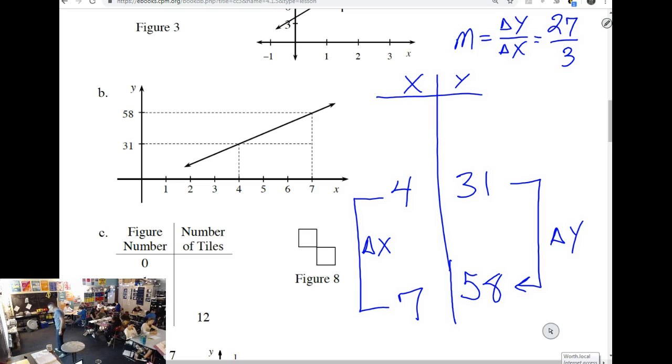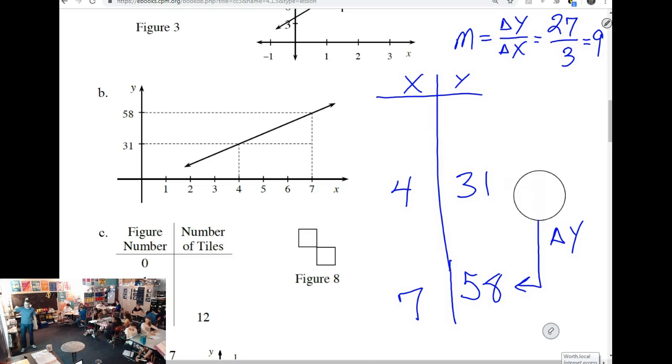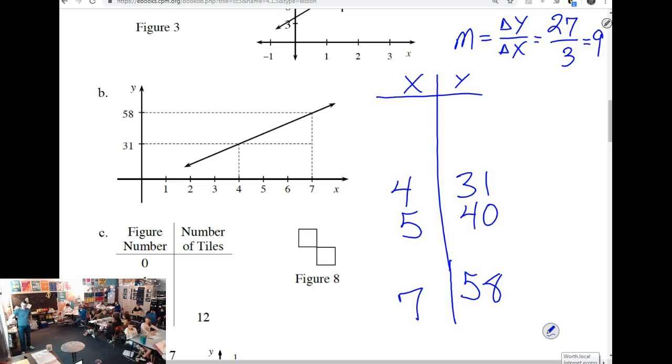All right, let's make sure we're all on the same page with B. So delta y is 27. Delta x is 3, making my slope 9, which means it should work out if I add 1, I add 9, I add 1, I add 9, I add 1, it works. But now we can go backwards, right?